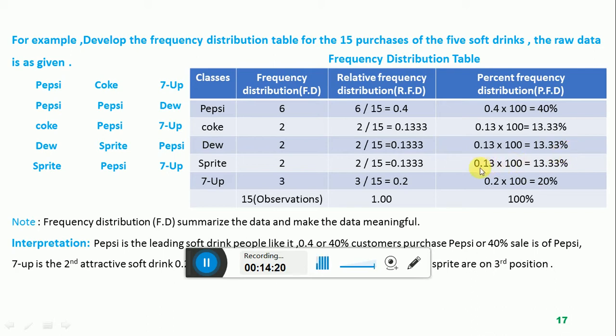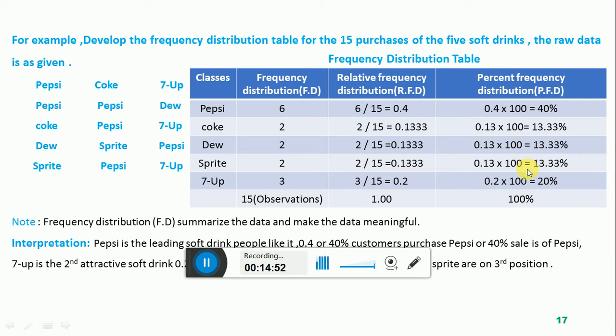In the same way we compute PFD for the fourth class Sprite, giving 13.33%, and the last one, 0.2 multiplied by 100, is equal to 20%. So these are all the percent frequency distribution percentages for the 5 classes.